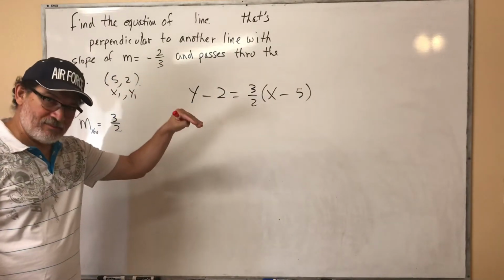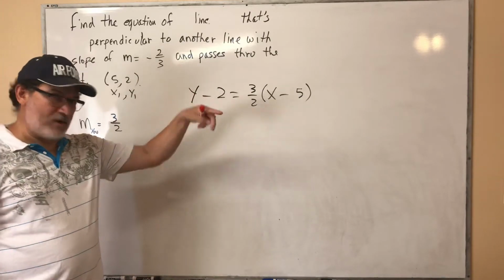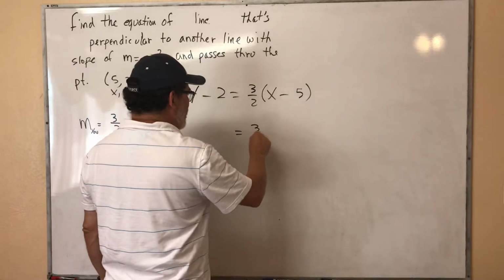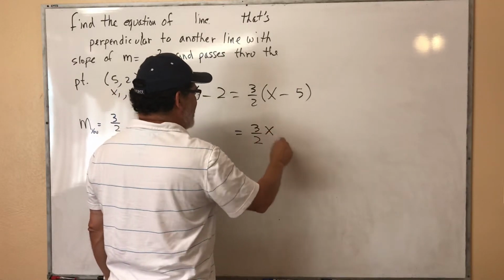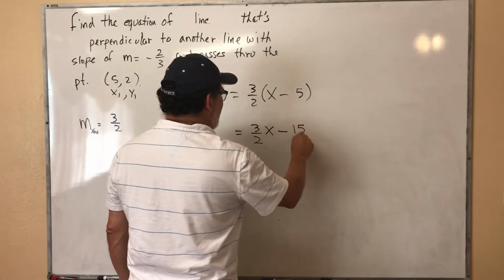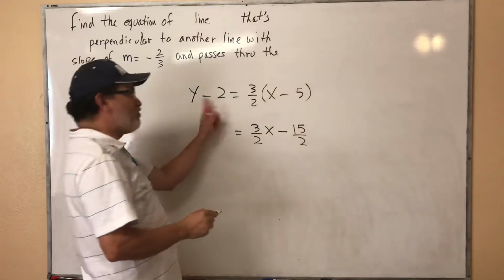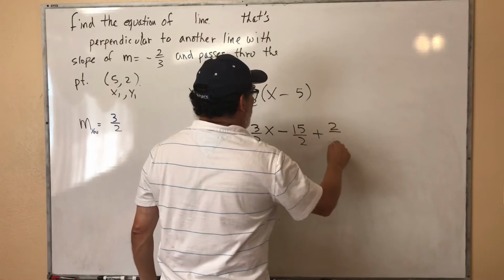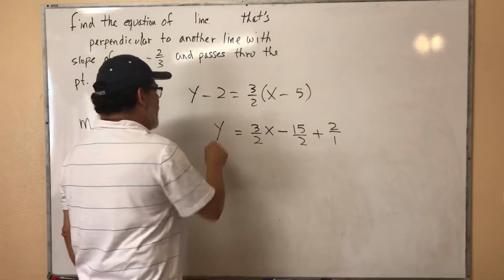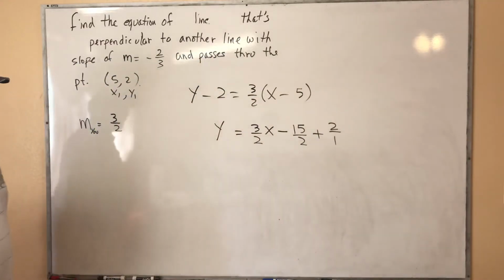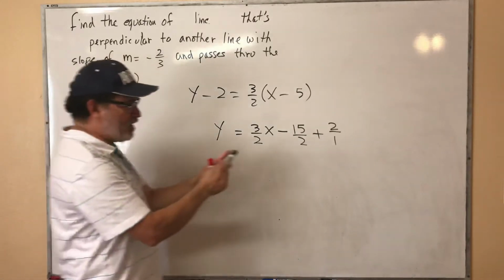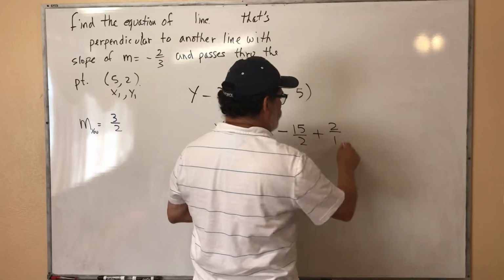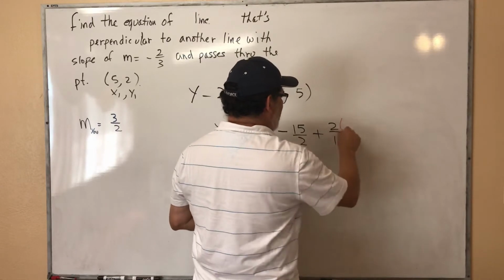Distribute and then bring over. So by distribution, this is 3/2 x minus 15/2, and then bring this over, plus 2/1 equals y. Combine those two because those two are b, so multiply this by 2 and multiply this by 2.